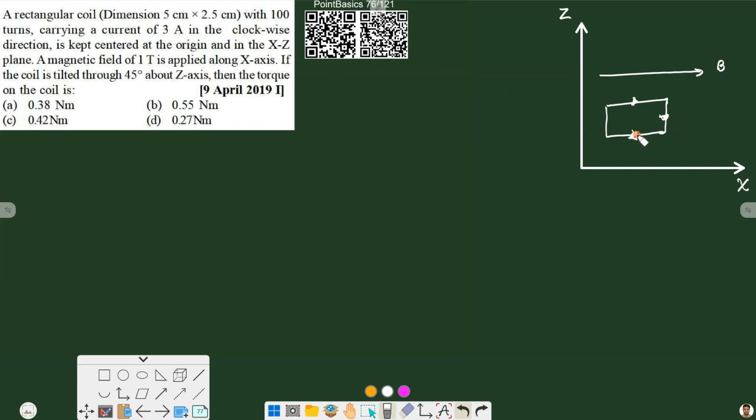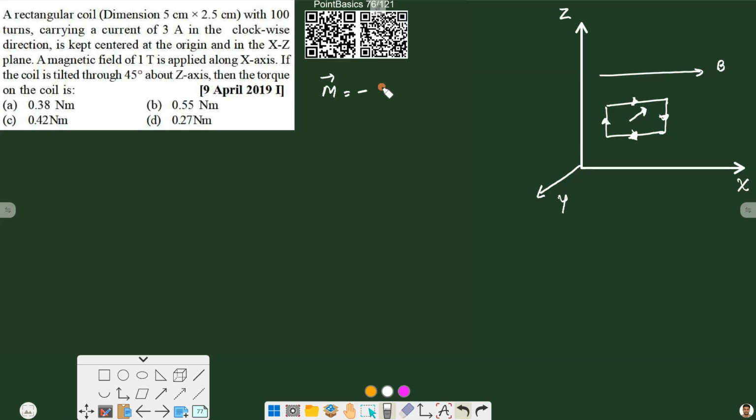So using the right hand screw rule, we can find out the direction of the magnetic dipole moment of this coil. As this is x, this is y, z, it will be perpendicular to it, in the negative y direction. And if you use the right hand screw rule, you will be able to find out the direction of the magnetic dipole moment. So m will be minus, due to negative y direction, into the area.